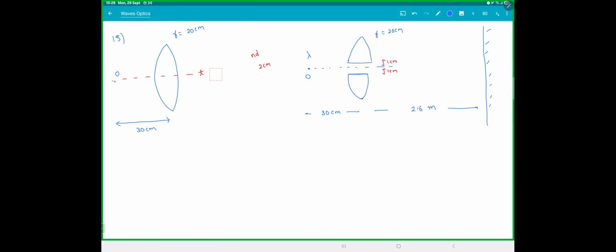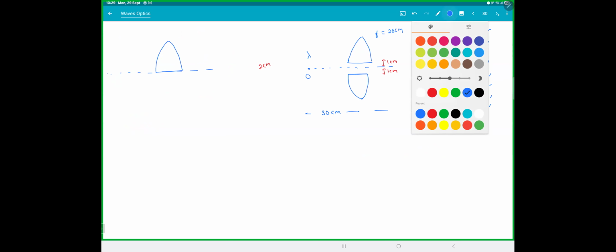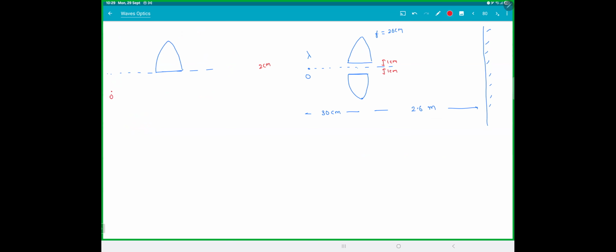So let's just set the image. If you think about this, it really doesn't matter. When you cut it, the principal axis remains the same. So this is still the principal axis. The object is here at a height of 1 centimeter. Focal length is 20 centimeters.